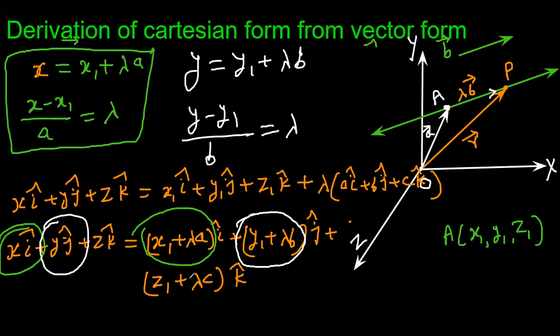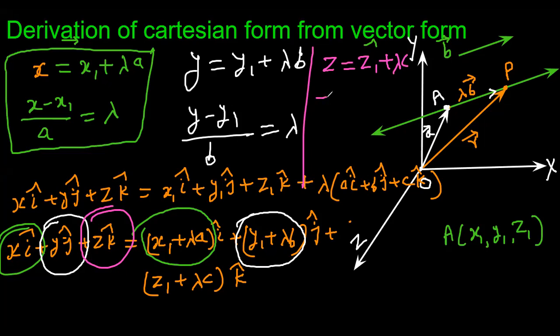Can we extend the same logic and say that, even the third one, we can equate this z k, and here we have z1 plus lambda c. So can we say z is equal to z1 plus lambda times c?